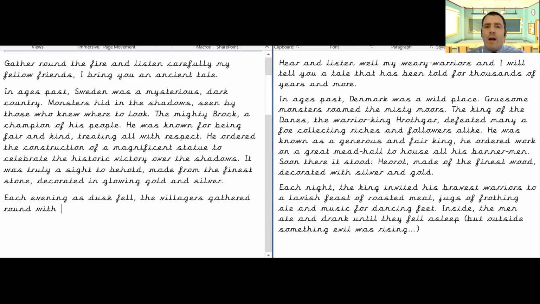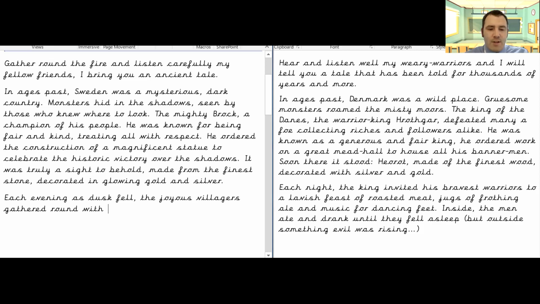We haven't got warriors at the moment. We've got our villagers. Could we describe the villagers? Could we give them an adjective? I'm going to go with joyous. They're celebrating, aren't they? They're happy. So the joyous villagers gathered round with, here we go.